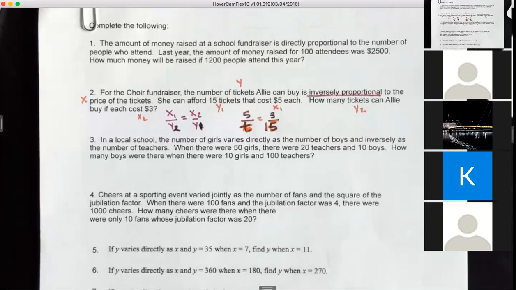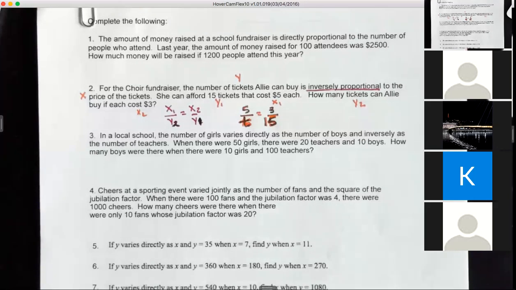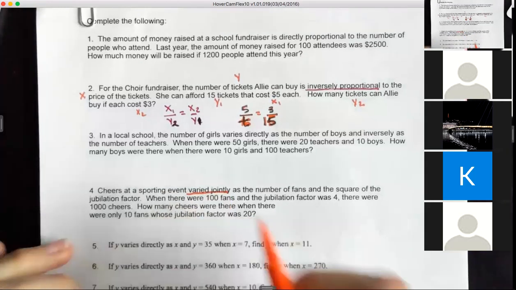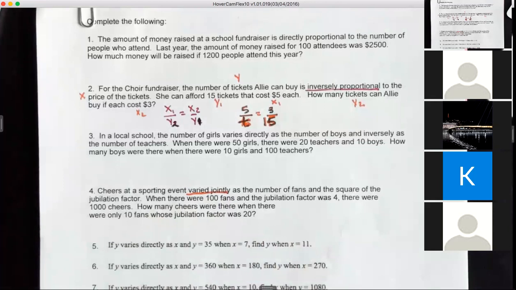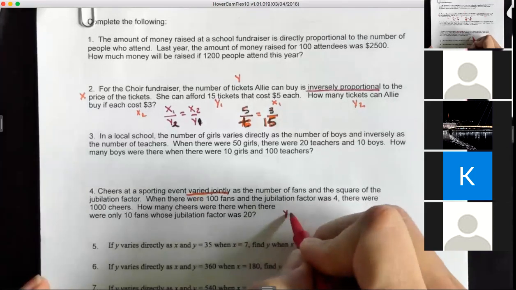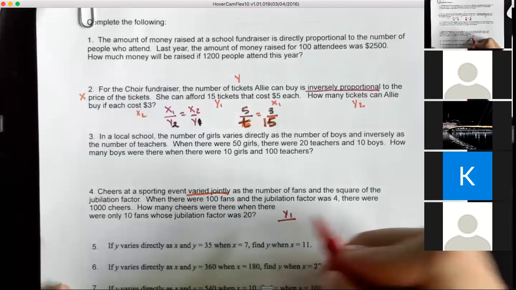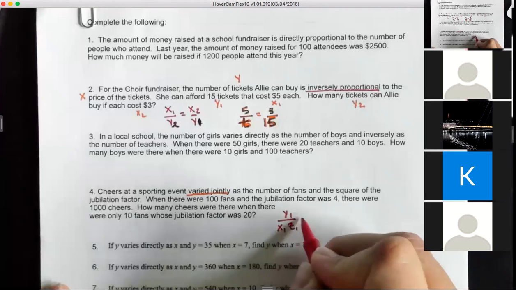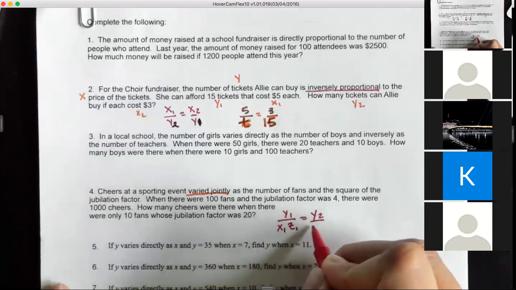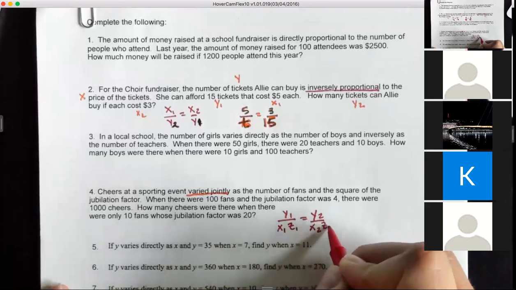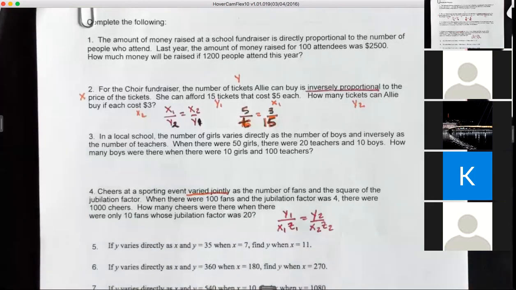Yep, number 4. Let's make sure this time I write the right formula. Cheers at a sporting event varied jointly. So here's varied jointly. Varied jointly is going to be y1 over x1 z1 equals y2 over x2 z2.